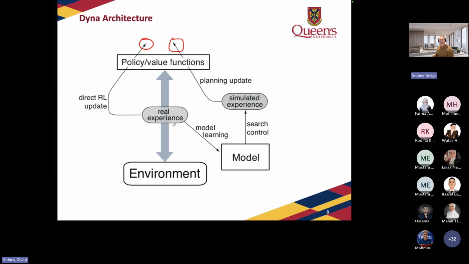Note that you can have different loops for this. Of course, since you are simulating experience, you can do this way faster than with direct reinforcement learning. But you can also say that the direct updates are going to be more meaningful for you, because they actually represent interaction with the environment, while the simulated experience does not.